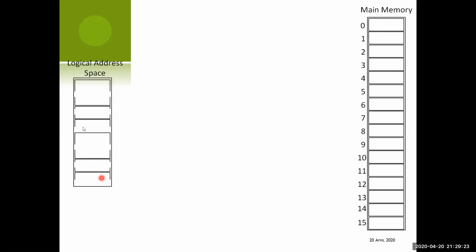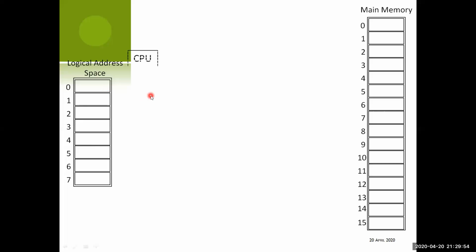Similarly, as we have divided the main memory into small parts, we divide the logical address space of a process into smaller parts, and each part is referred to as a page. The size of a page must be equal to the size of the frames in the main memory. As discussed, if we have created frames of 32K size, then each page of this process will have 32K size.